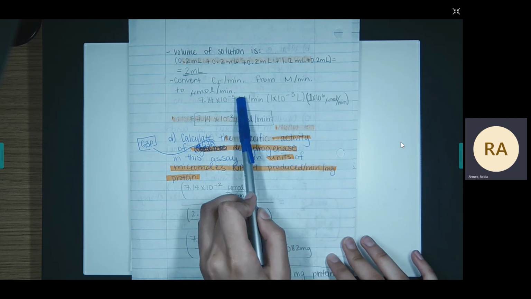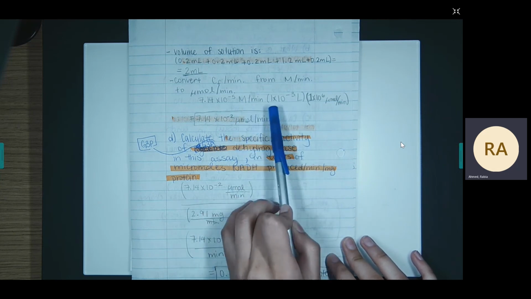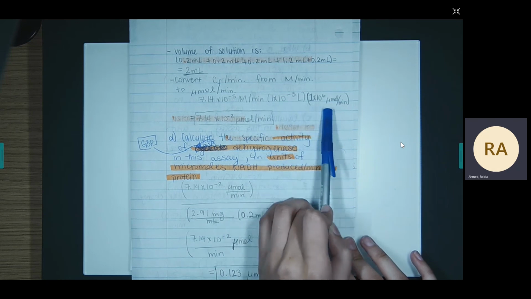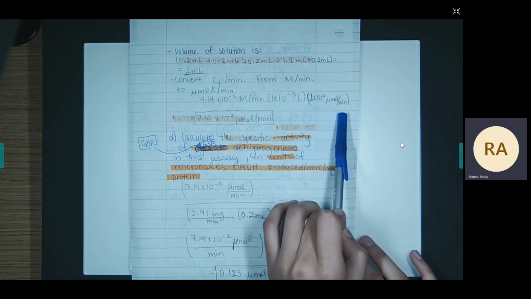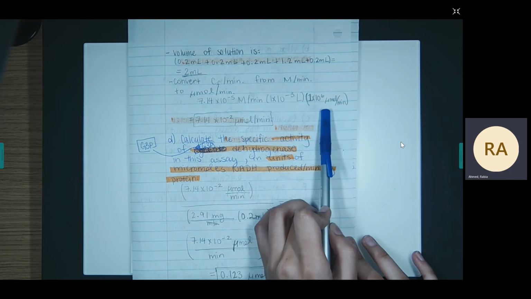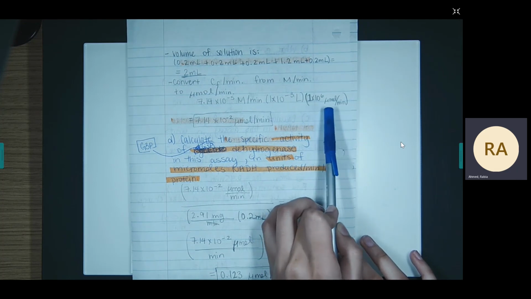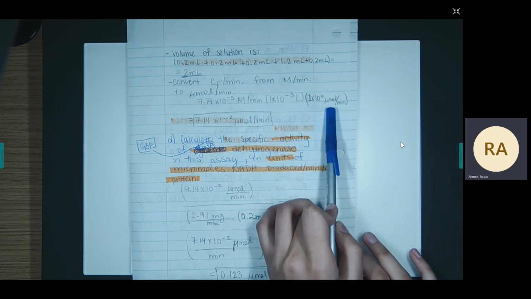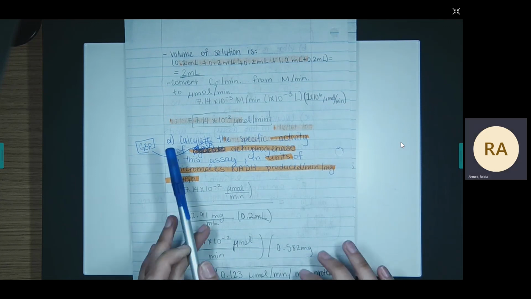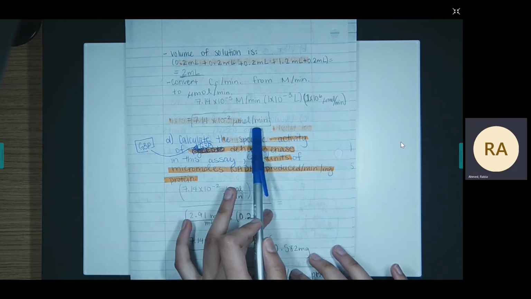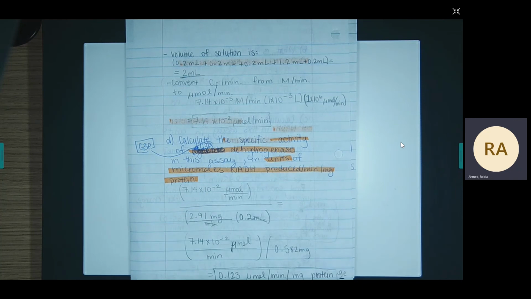Remember, molar is moles over liters. So you do this, cancel them out, and you multiply it by 1 times 10 to the sixth micromole. This one is just a unit. You know how 1 mole is equal to 1 times 10 to the 6th micromole. Does that make sense? And so then I get this, 7.14 times 10 to the negative 2 micromole per minute as my rate.